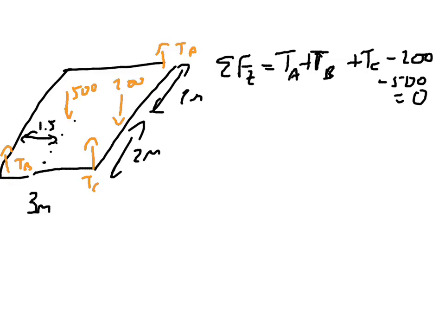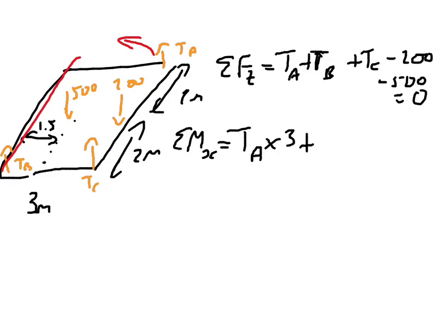We can also say our sum of our moments about the x-axis and our sum of our moments about the y-axis. About the x-axis, as it's called in the question, our tension at A is going to be trying to turn it anti-clockwise, and it's acting 3 metres away.